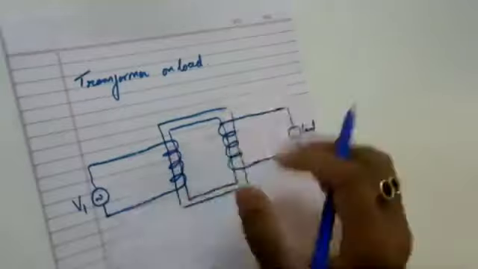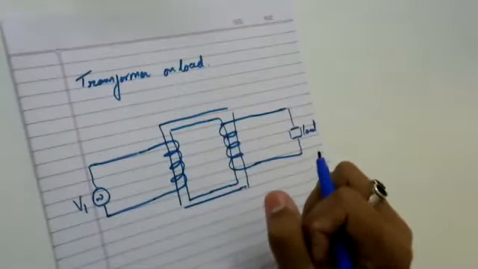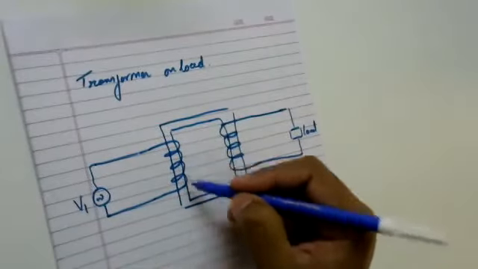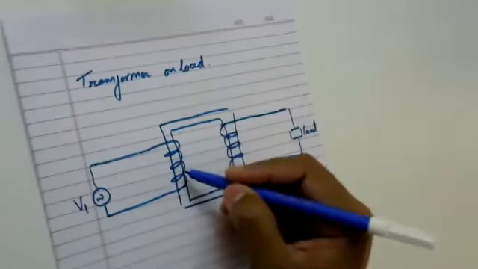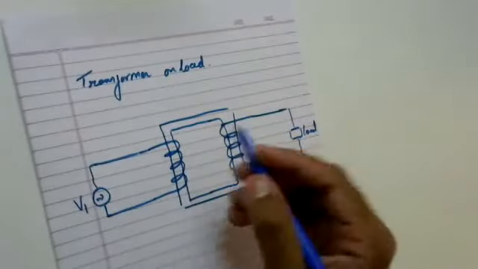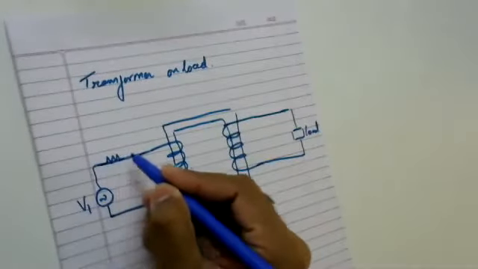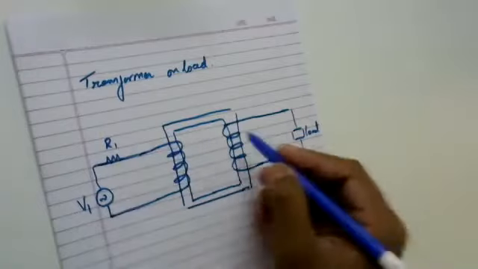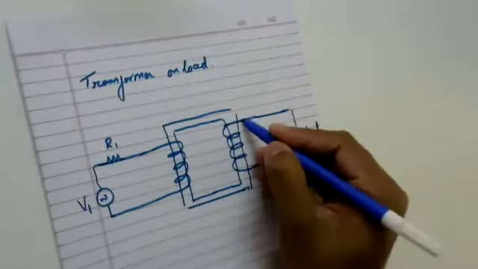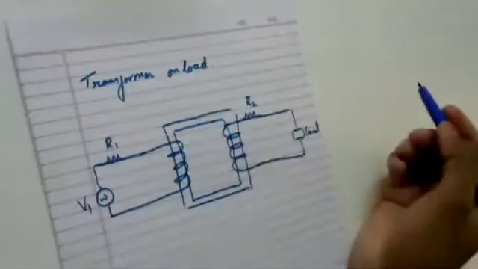Now, as we have said that we are going to develop a circuit which resembles a practical transformer, I need to consider the effect of the windings. These windings possess some amount of internal resistance, shown here as R1, and the resistance of the secondary winding is shown here as R2.